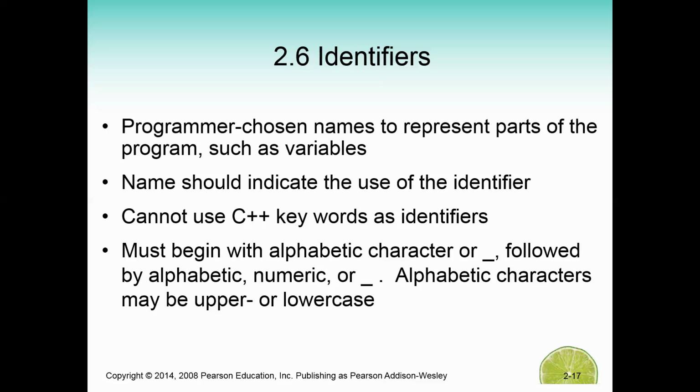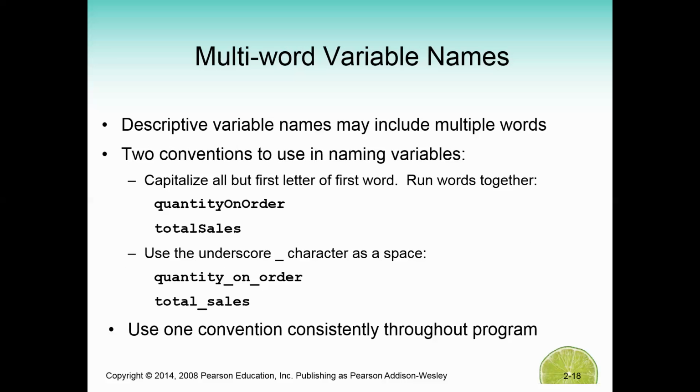We can start the name with a letter or with the underscore, but never with a number. We talked about this in chapter 1, but this is just a review. We can use the camel format by capitalizing all but the first letter of the first word, like in this one, quantityOnOrder, totalSales, or we can use the underscore to separate the words.